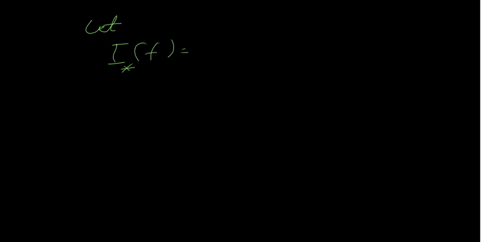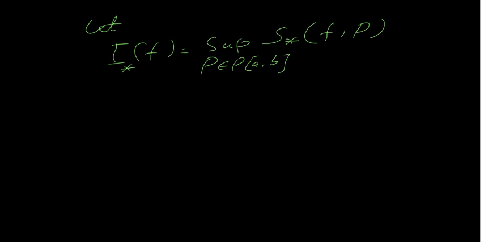It's equal to the supremum with respect to the partition P belongs to the partition of [a, b]. You are varying the partitions now and you are getting different lower sums. Function is fixed. So if you vary the partition, you will get different lower sums, and you are taking the supremum of that set of lower sums. That will be denoted by I lower star f.